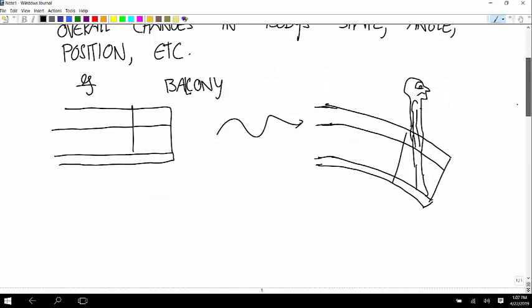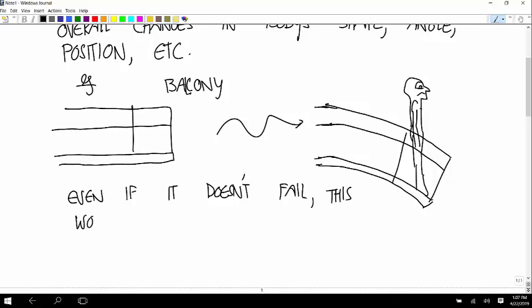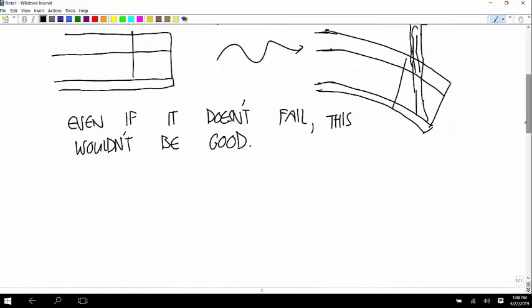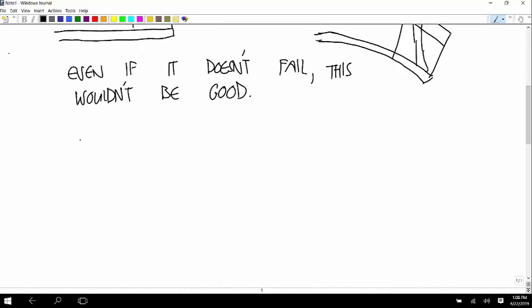Even if it doesn't fail, every time you went out on your balcony, your propane canisters would fall off into the parking lot and stuff. And so that gets us to a new topic, beam displacements.